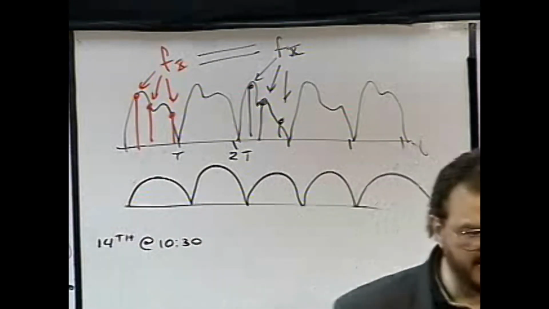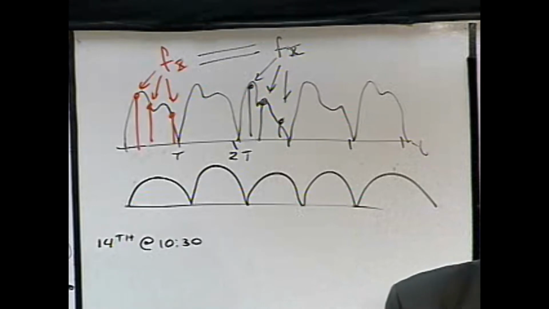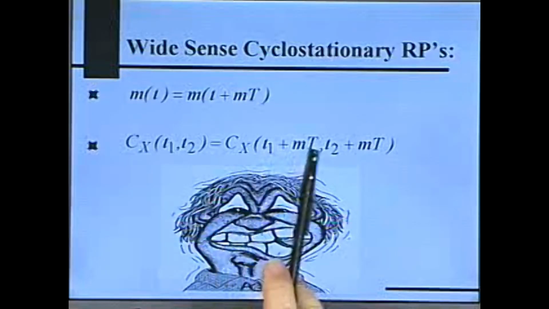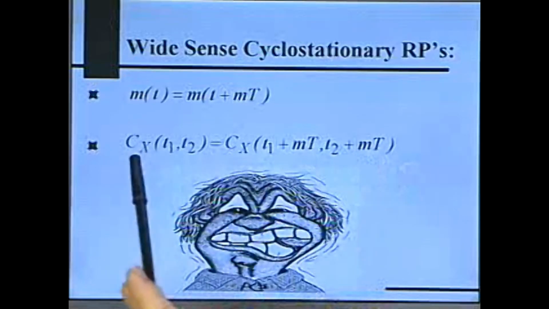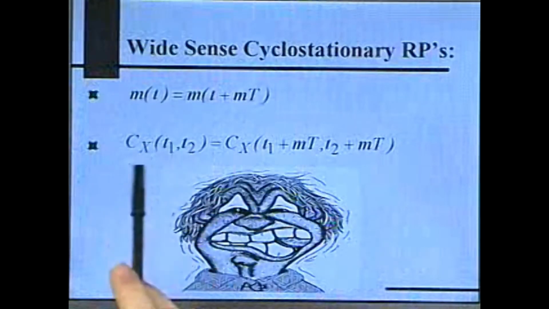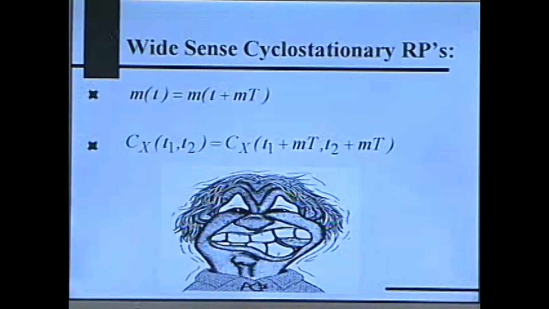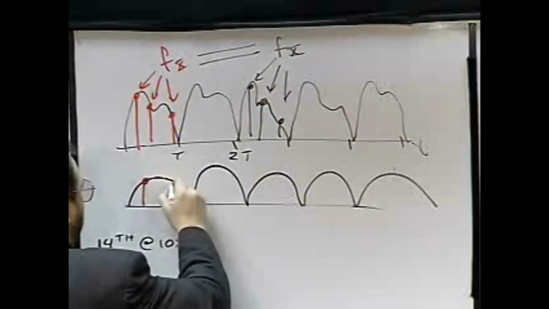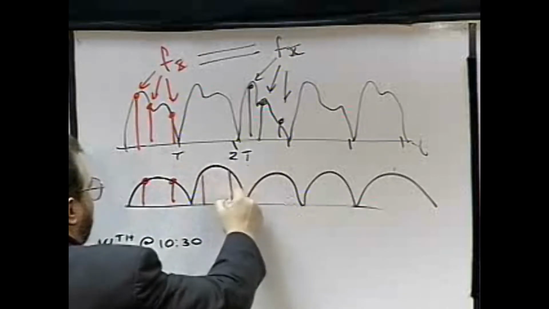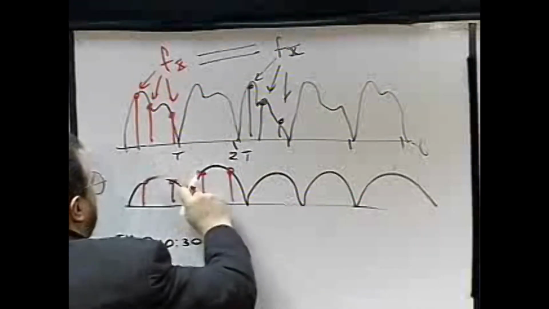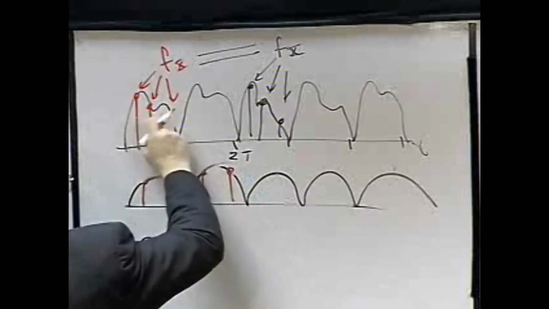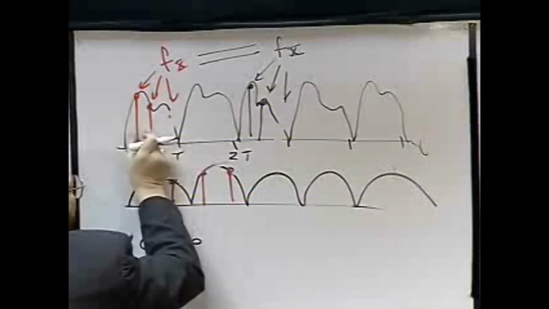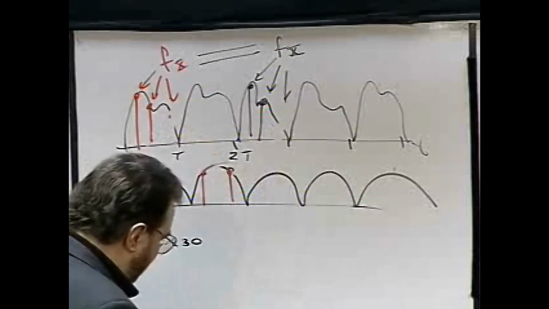The other criterion is that the autocovariance, or equivalently the autocorrelation, is independent of integer shifts of the period, which means that the autocorrelation between these 2 points is exactly the same as between these 2 points, if the separation is exactly the same.